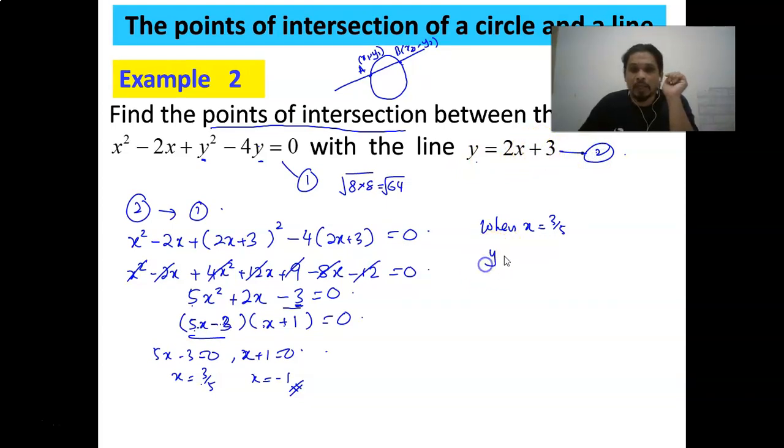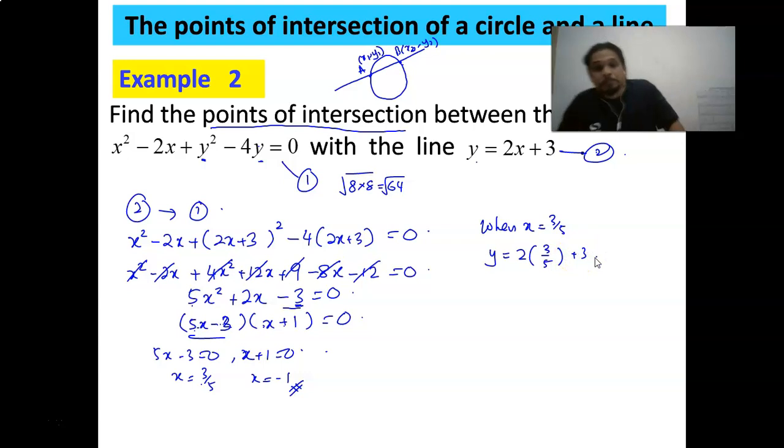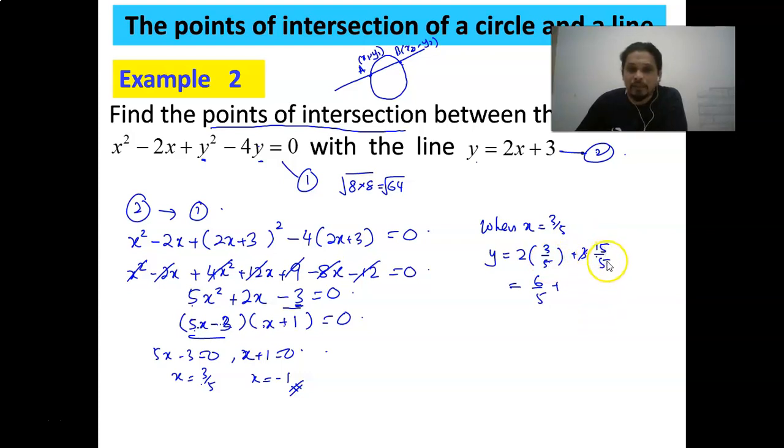So y equals 2 times x, 3 over 5, plus 3. From here, 2 times 3 equals 6 over 5 plus 3. Change 3 into a fraction over 5: 3 times 5 equals 15 over 5. You get 6 plus 15, 21 divided by 5.